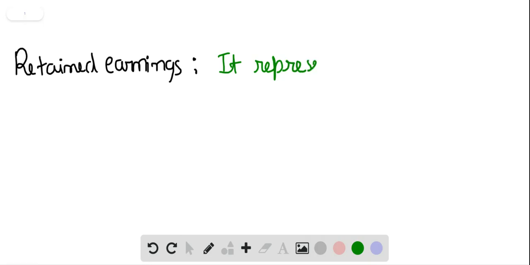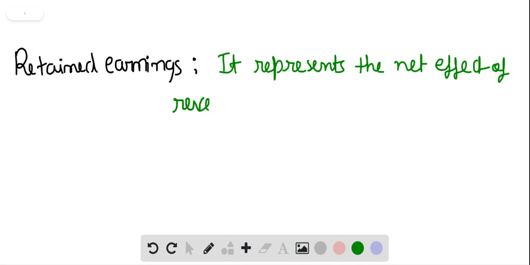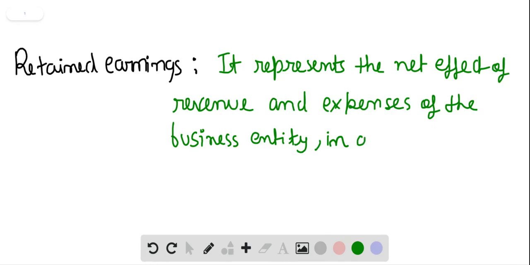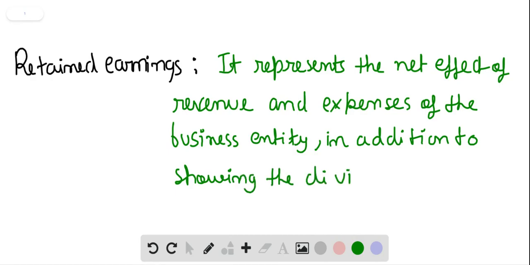It represents the net effect of revenue and expenses of the business entity, in addition to showing the dividend amount.